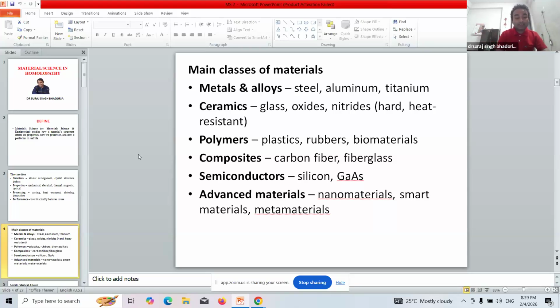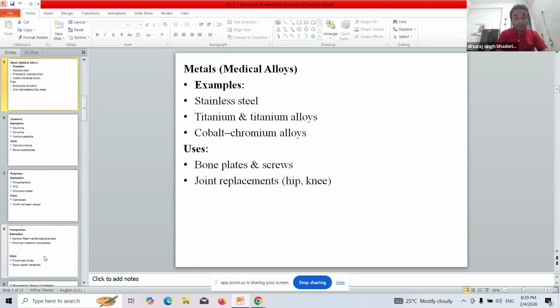The next one is, now when we talk about the examples of metals, generally there is stainless steel, titanium alloys, cobalt, chromium alloys. And the use, as we already taught about this, is for bone plates and screws and joint replacement.